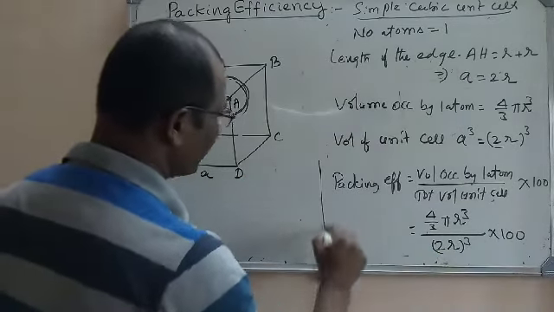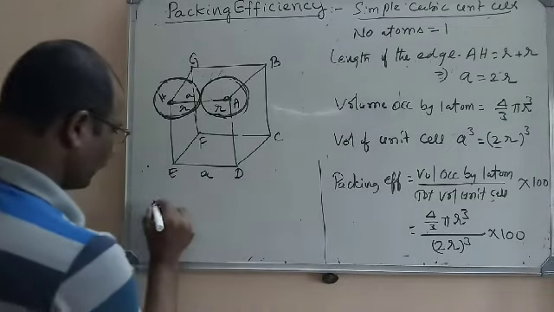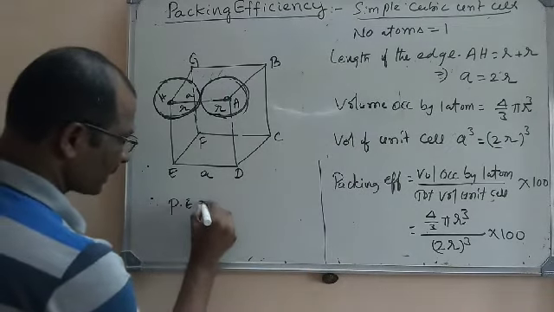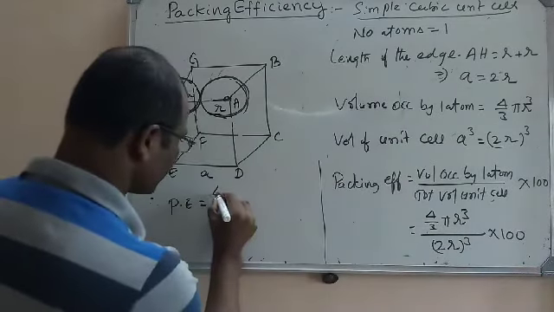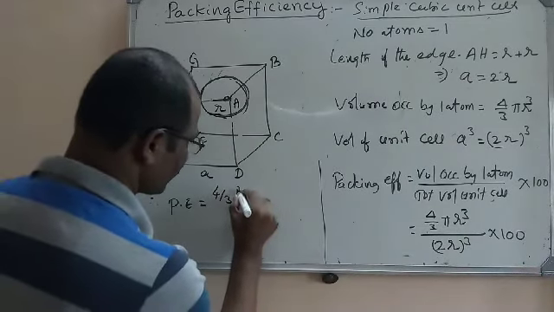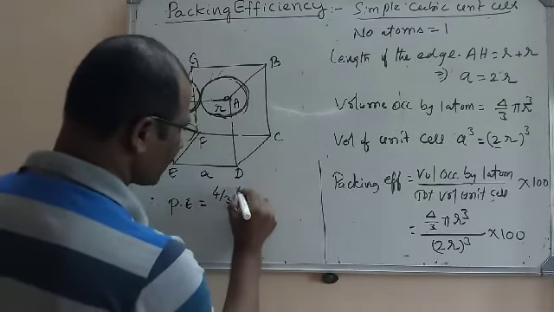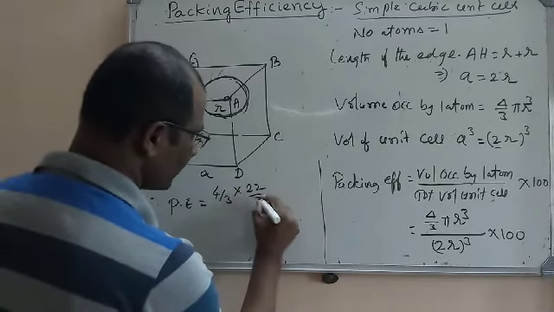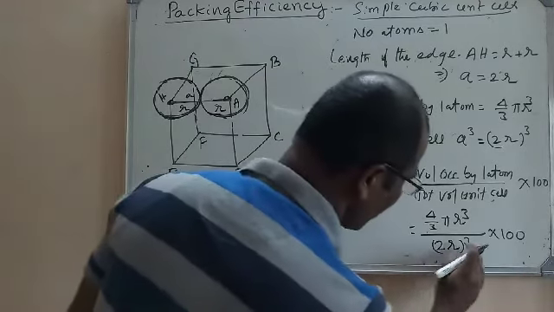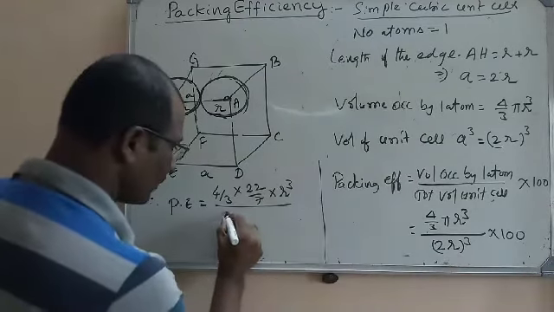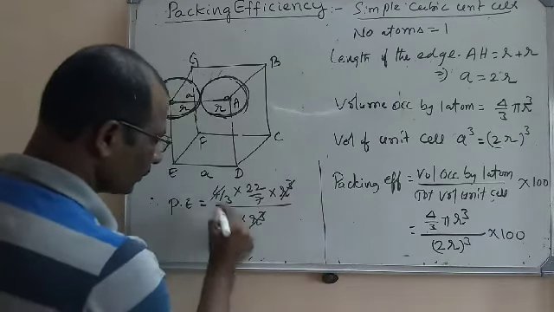Now let us go for the remaining part of the calculation here. Therefore packing efficiency is equal to 4 by 3 pi r cube. Even the pi value you can directly substitute now: 22 by 7 into r cube divided by 2r whole cube. 2 cube means 8, so it is 8r cube.